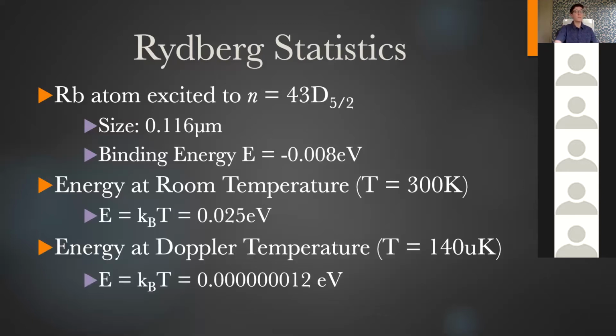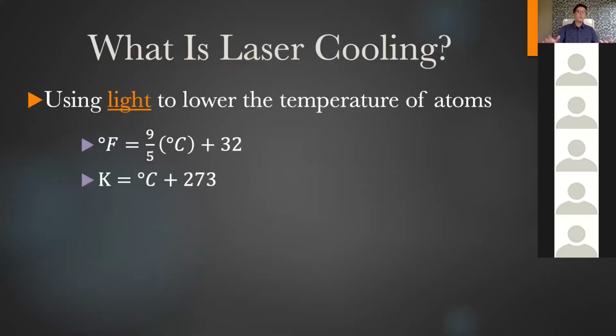But if we cool our atoms down to a temperature of about 140 microkelvin, then the thermal energy is about 1.2 times 10 to the negative 8 eV, which is now significantly less than the binding energy, or the energy that's holding our atom together. This means that when we create our atom at the 43d5½ state, then it won't get destroyed when we laser cool. So what exactly is laser cooling?